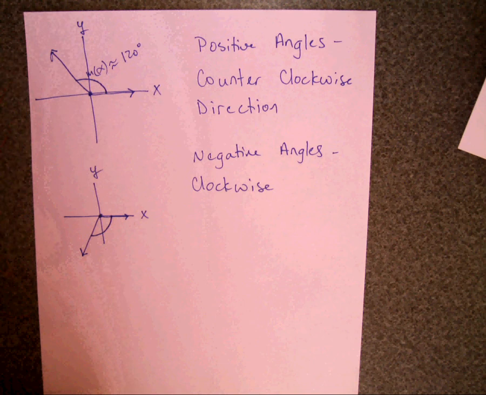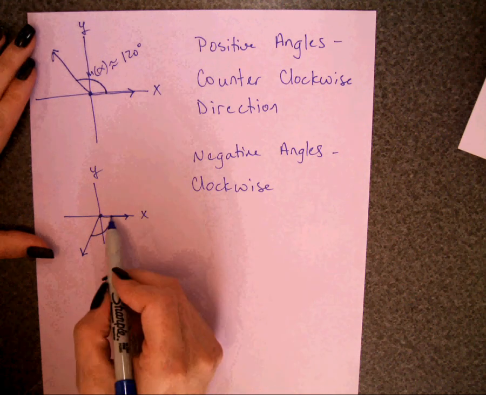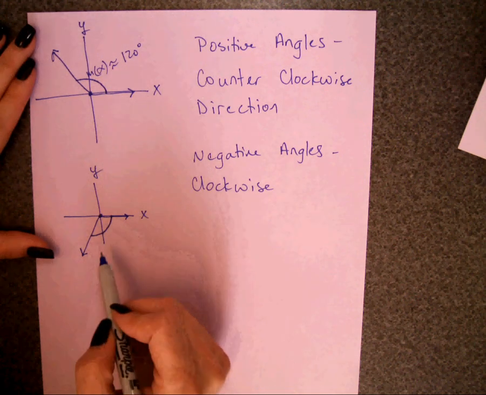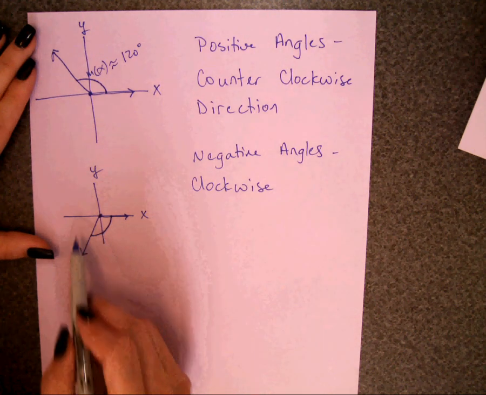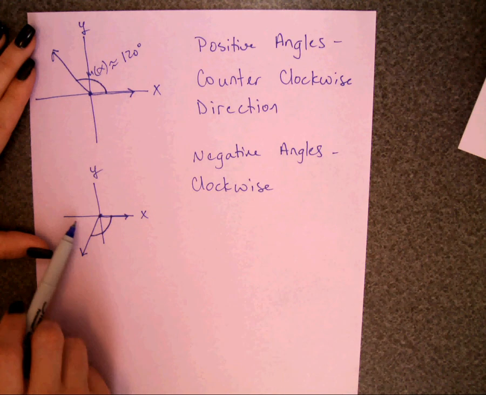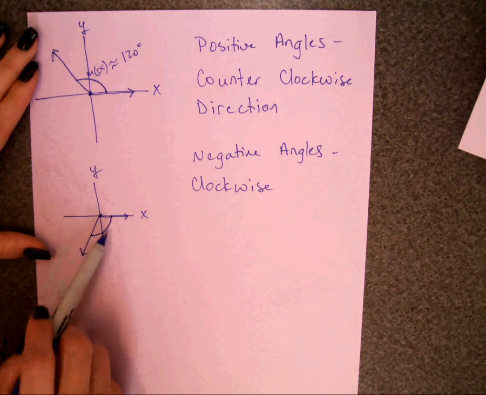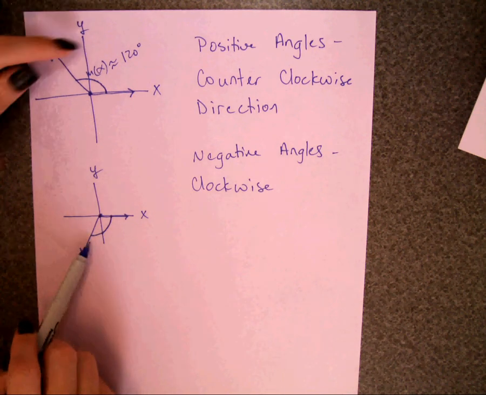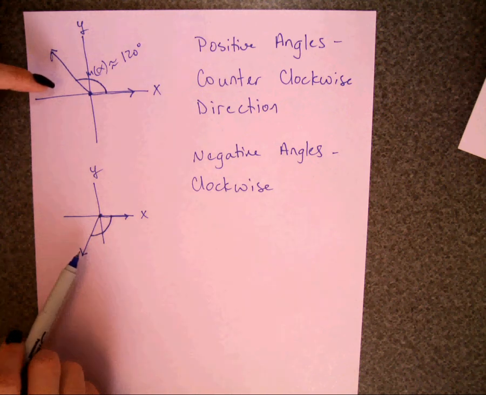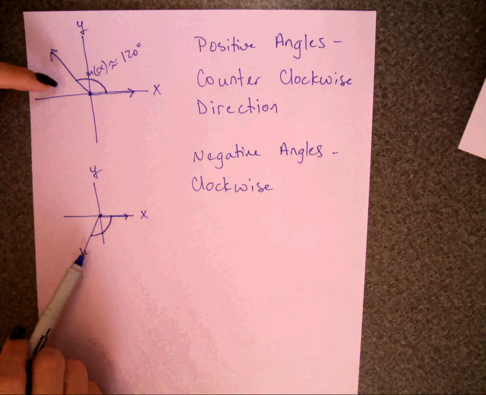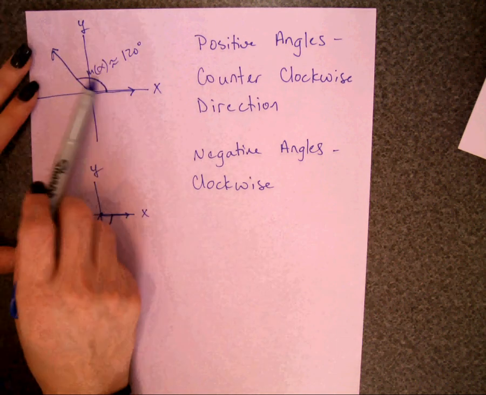So I still want to think of the first quadrant that I go through as 90 degrees, and the second quadrant, if I went all the way through, then it would be negative 180 degrees. So I'm going to go with this one's probably negative 120. Notice they're kind of in the same position, just opposite from each other. So the first one is positive 120, and the second one, about the same size.